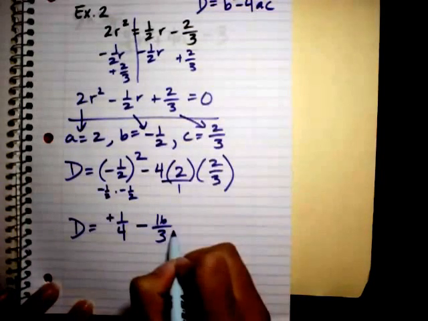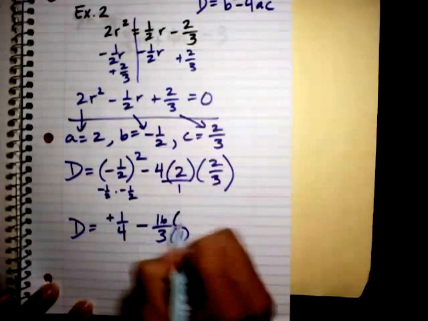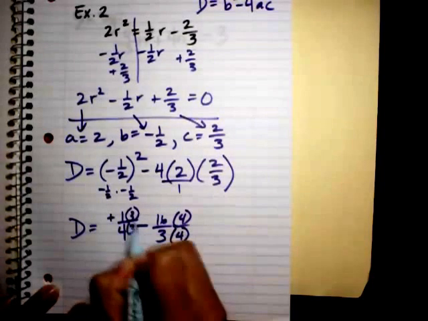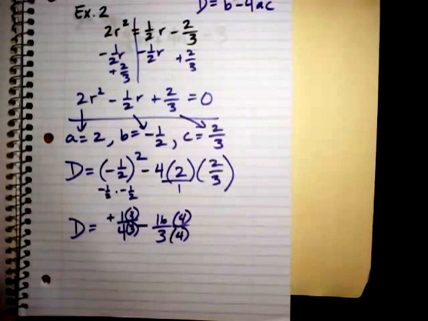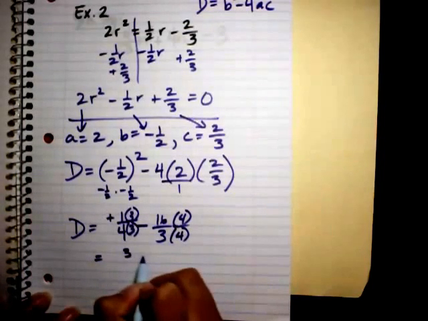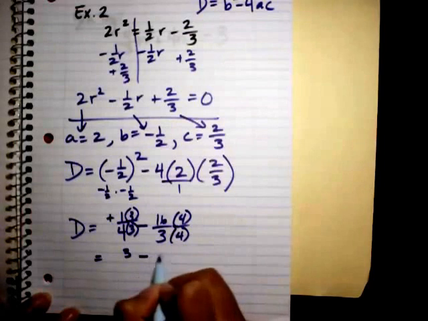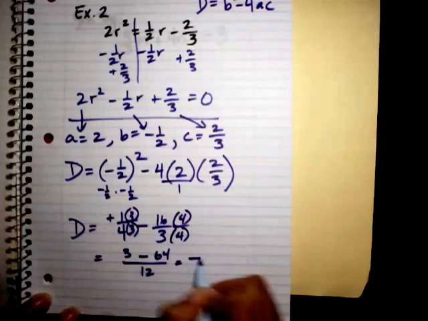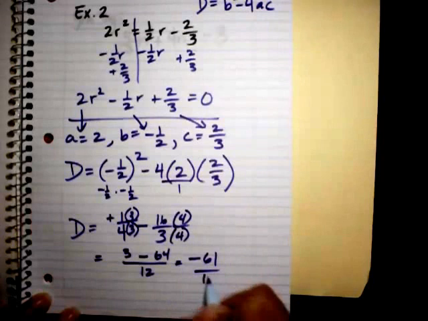So I need to multiply this side by 3 over 3 and this side by 4 over 4 so that we have a common denominator. So this will give you 3 minus, let's see, 64 all over 12. Okay, so that's a -61 over 12.